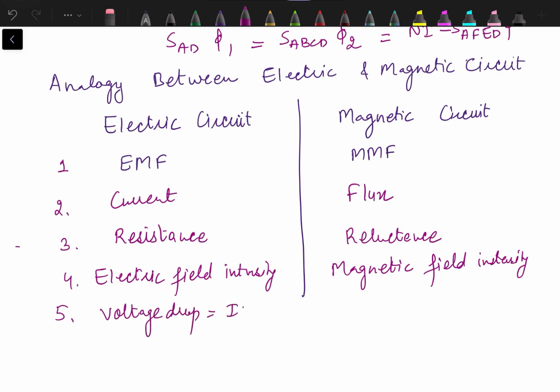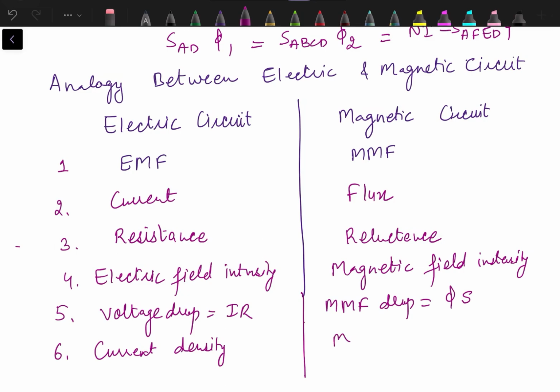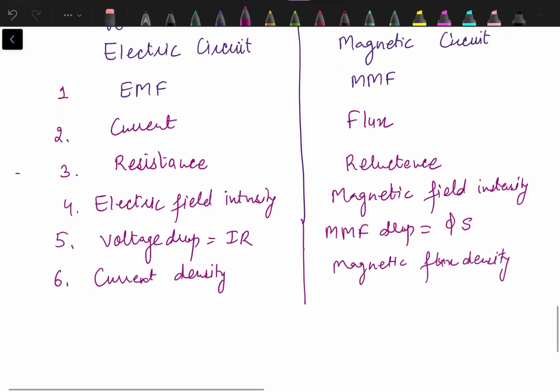The voltage drop is equal to I into R, while in case of magnetic circuits we have MMF drop, which is phi into S. In case of electrical circuits, we have current density, which is current per unit area, and in case of magnetic circuits, we have magnetic flux density, which is flux per unit area.